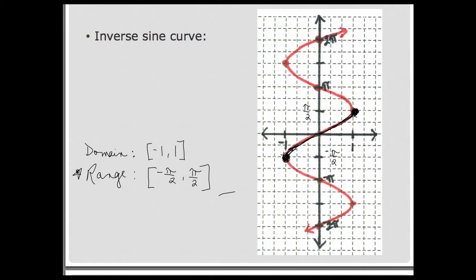In terms of the notation you're going to see, there are two different notations. The one that you probably know from your calculator, sine -1 of x. That's very much in keeping with the traditional notation for the inverse of an algebraic function. I'm sure you're familiar with that notation, f -1 of x.